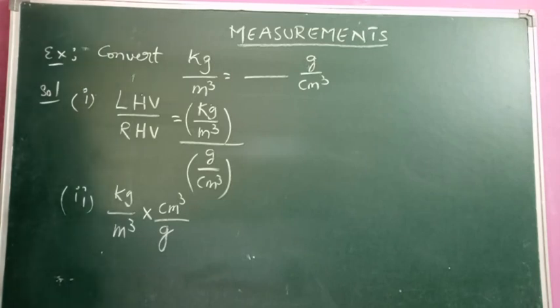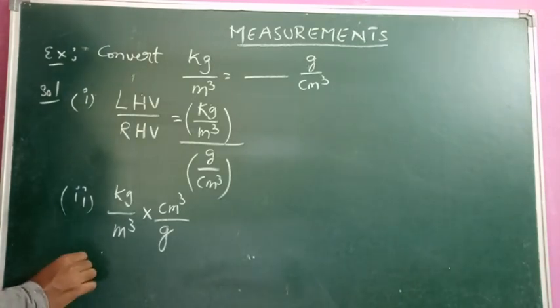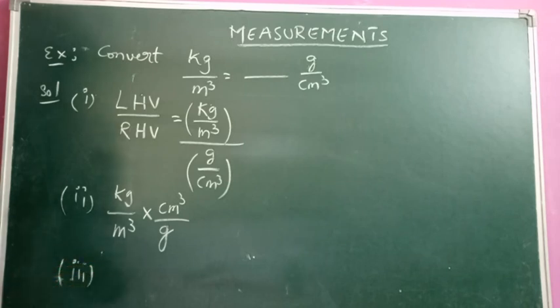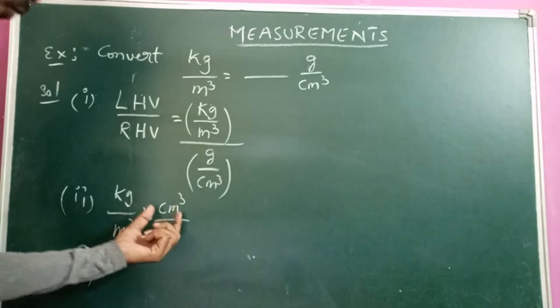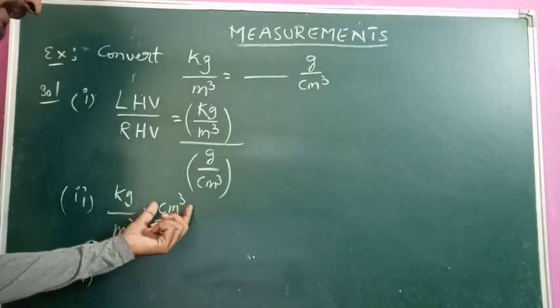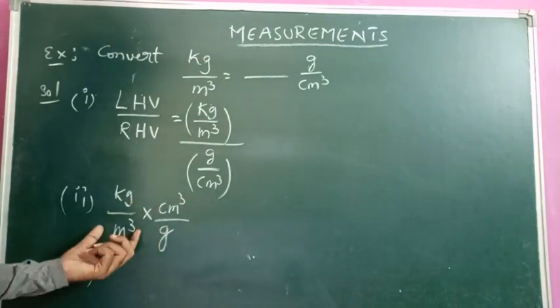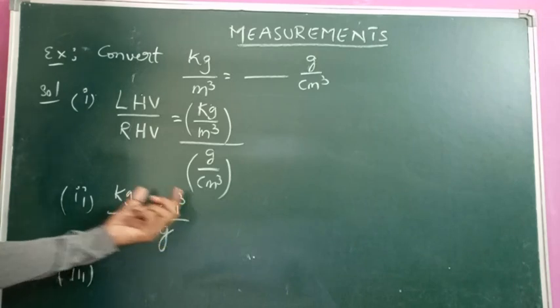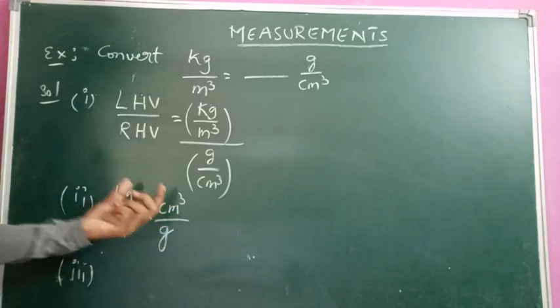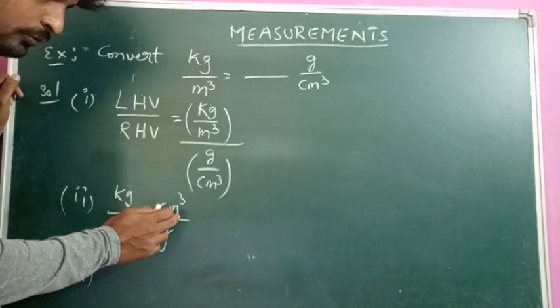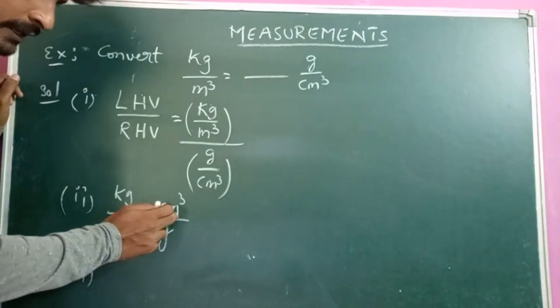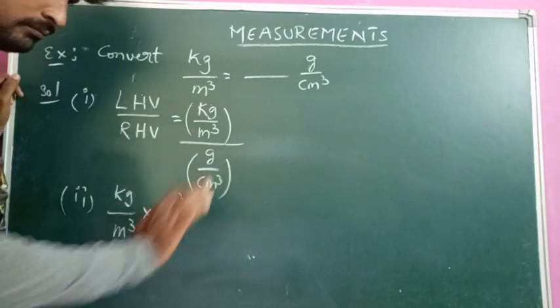Third step, what is the third step? Substituting the values. Before substituting the values, we must expand this so that it is easy to do the problem. If you are not expanding this, we may make a mistake like centi into meter into meter into meter, but that is wrong.